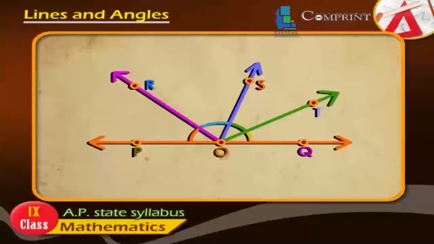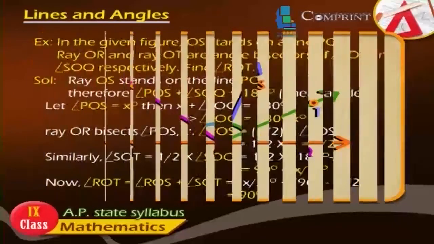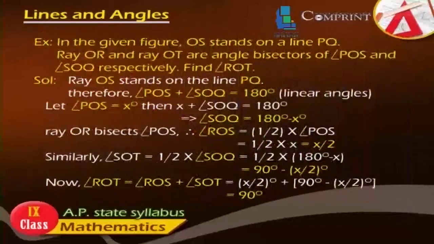Solution. Ray OS stands on the line PQ. Therefore, angle POS plus angle SOQ is equal to 180 degrees. Linear angles. Let angle POS is equal to x degrees.